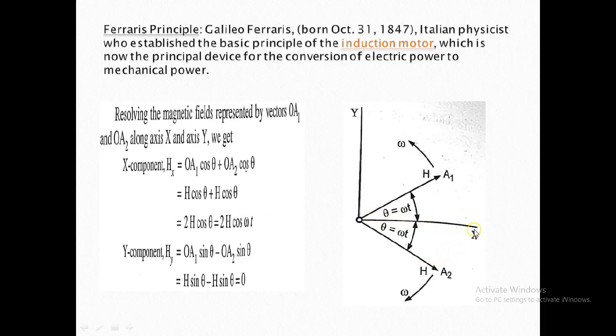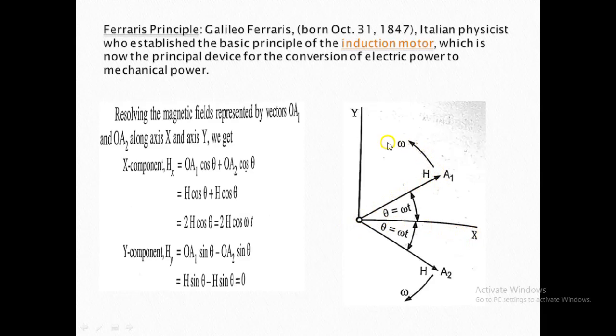It is the flux which is produced by the stator due to the supply of single phase AC. Let it be represented by the x-axis, and according to this Ferraris's principle, it is resolved into two components, OA1 and OA2. Okay, and they move along the same axis OX.